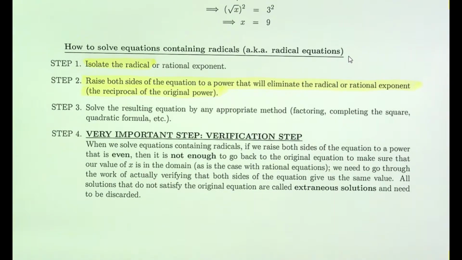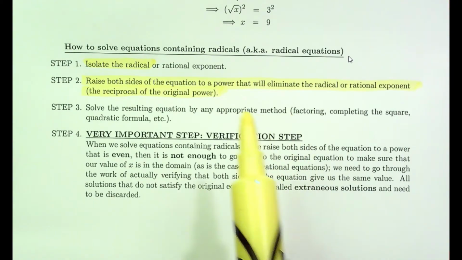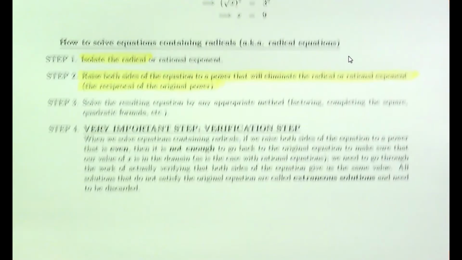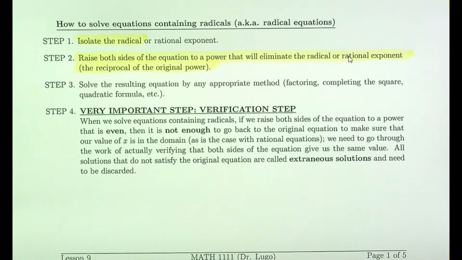And again, that really works with rational exponents. If you want to eliminate an exponent that is 2/3, for example, you raise it to the reciprocal of 2/3, which would be 3/2, and so on. So this really does work for other types of exponents as well, even though we're focusing on just radicals.